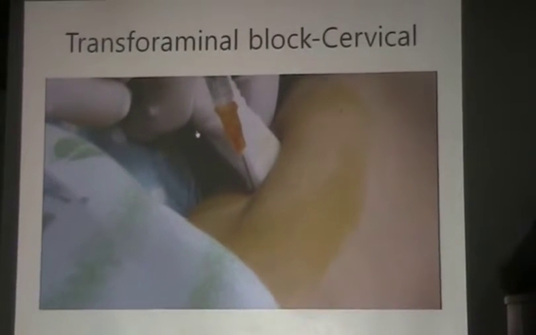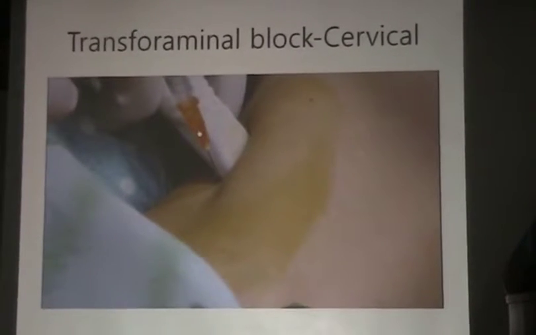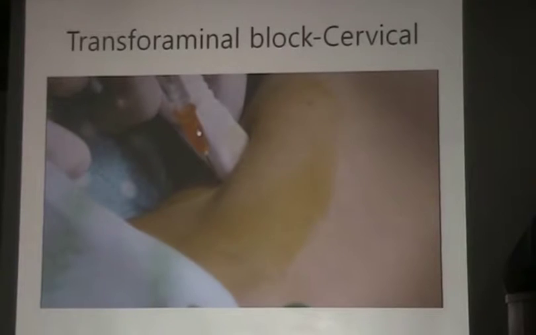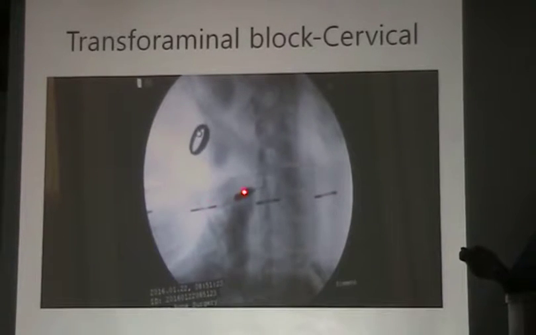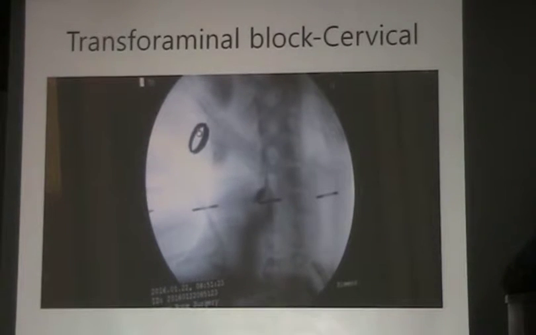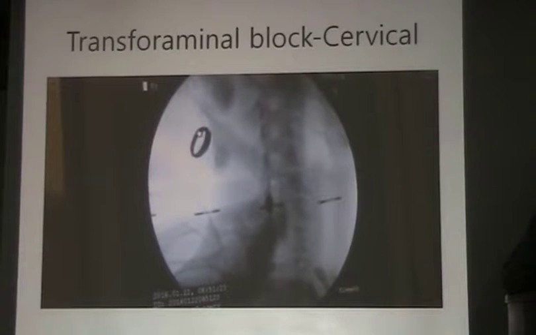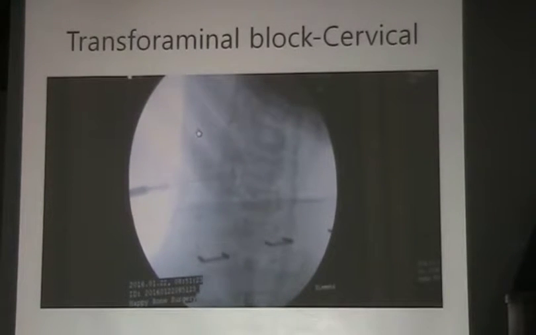And you must feel the facet touch. Facet touch is very important to minimally invasive spine surgery. Facet touch is very important. And insert the needle behind the root, and contrast media injection to confirm the dural foramen, and inject the solution.